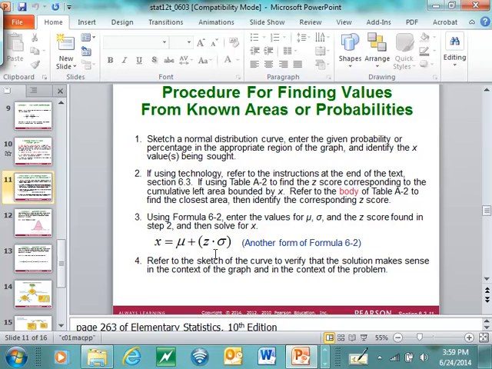And because z is equal to x minus mu over sigma, that means x is equal to mu plus z times sigma. Again, you will know what mu and sigma are from the statement of the problem. So once you find z, then you can take z times sigma and add that to mu, and you'll have your corresponding x value.